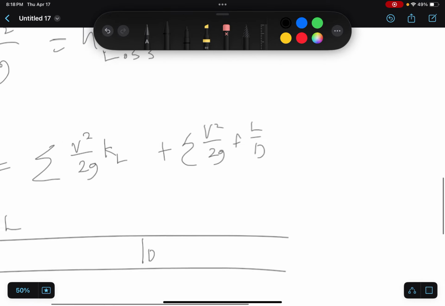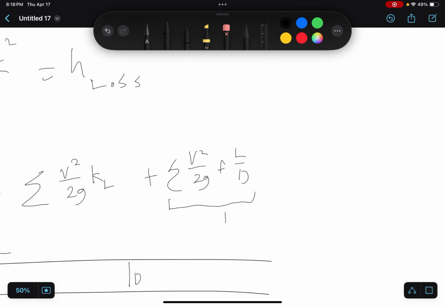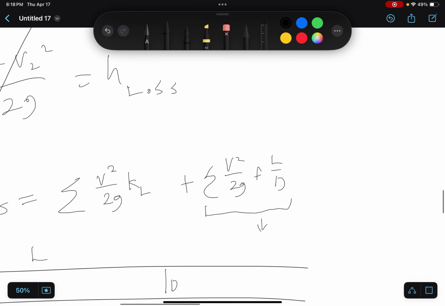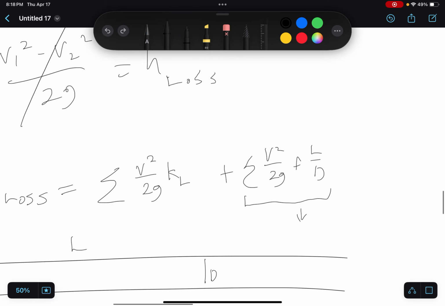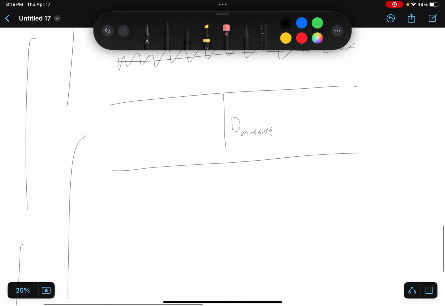Well, that would decrease the magnitude of this whole term because the diameter would increase, and it's 1 over diameter, which means this whole term will decrease. It'll also decrease the velocity, so that's another decrease arrow. The reason is that your engine's still shooting out the same amount of volume of air.